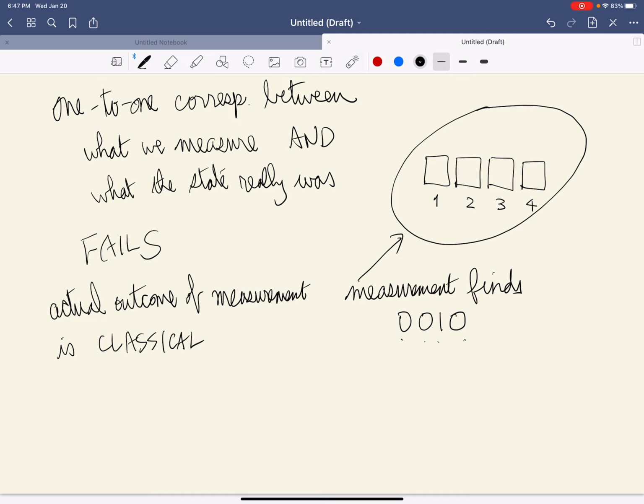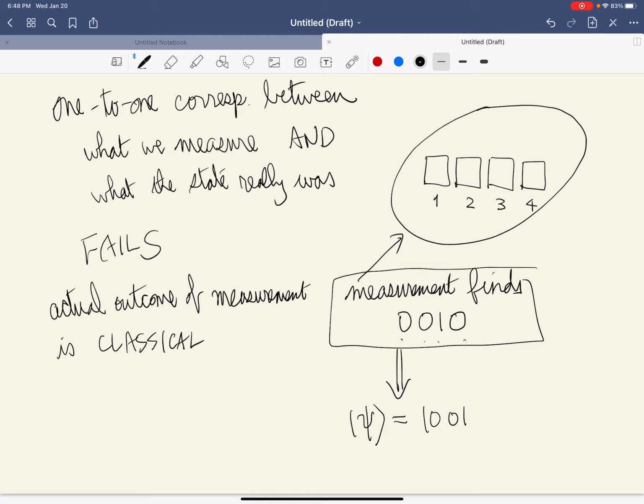Okay, so at this point, it doesn't seem to be any different between a quantum computer and a classical computer. But the key difference now arises in the fact that this measurement does not mean that the original quantum state was in a state of 0010.